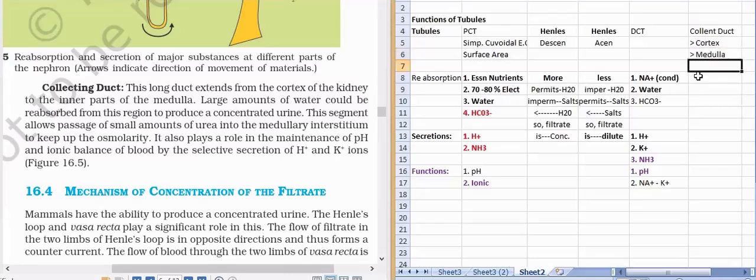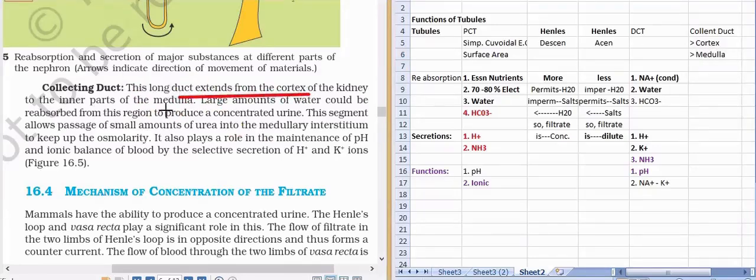Next, what is it saying? A large amount of water could be reabsorbed from this region to produce concentrated urine. Again, here a little bit, not much, concentrated urine. We cannot lose more water from the body.